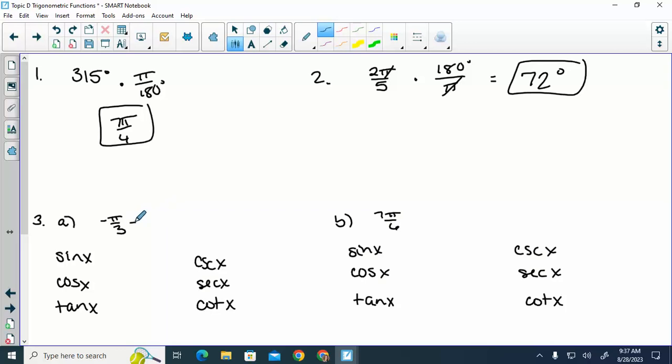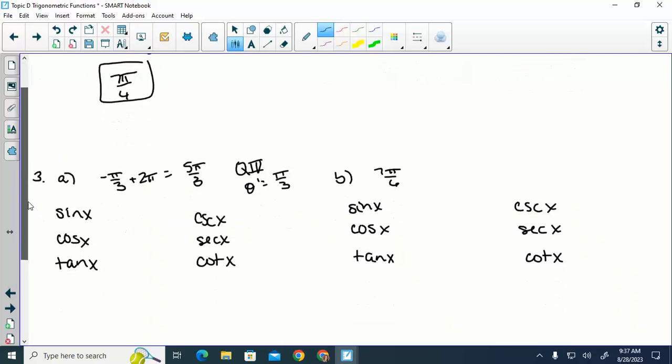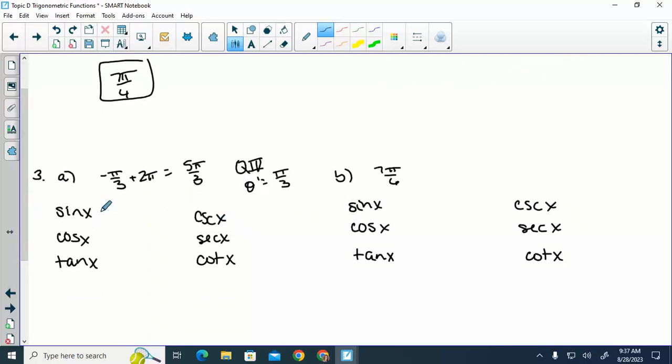Alright, negative pi over 3. If you add 2 pi to that, you get 5 pi over 3. So that's quadrant 4. Reference angle is pi over 3, which is like 60 degrees. Okay, in quadrant 4, we know cosine is positive, so that means secant is also positive. The other 4 would have to be negatives. Alright, so sine of 60 is radical 3 over 2. Cosine, square root of the bottom over 2, would be 1/2.